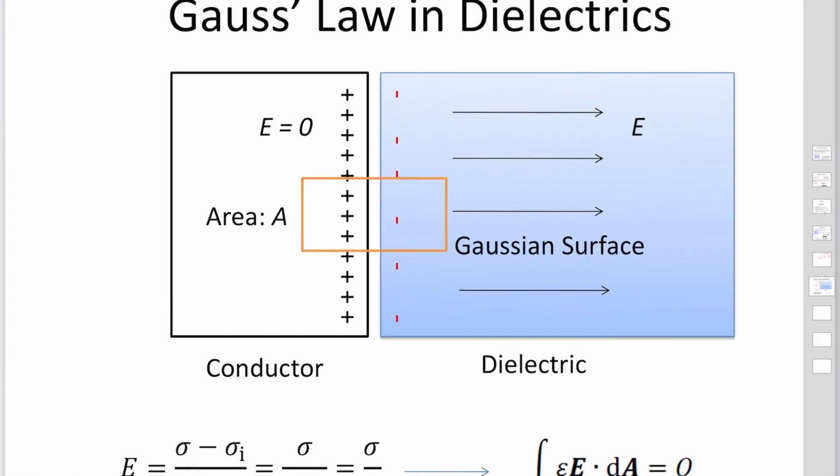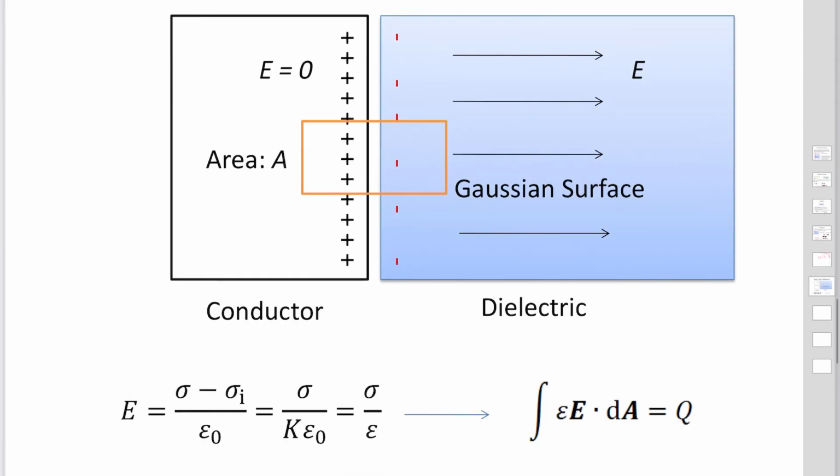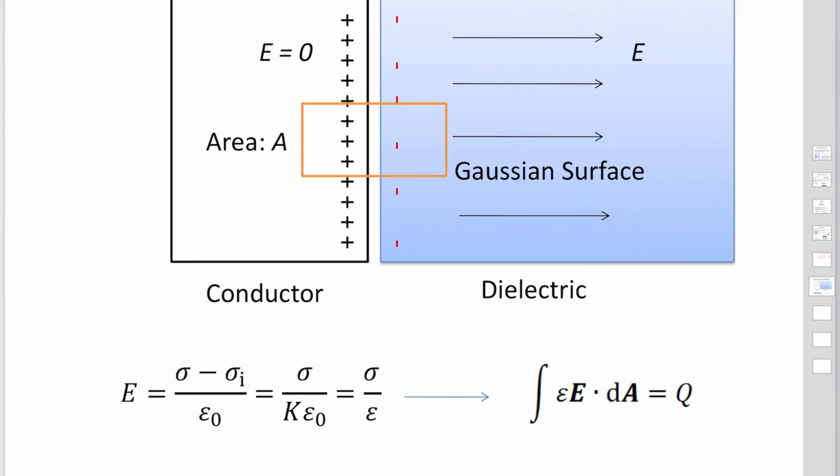Then how can we modify Gauss's law in dielectrics? In the case of the electric field, sigma minus sigma sub i over epsilon naught is equal to sigma over K epsilon sub 0. By using the permittivity, we can express it as sigma over epsilon.